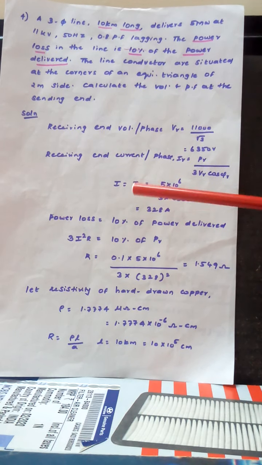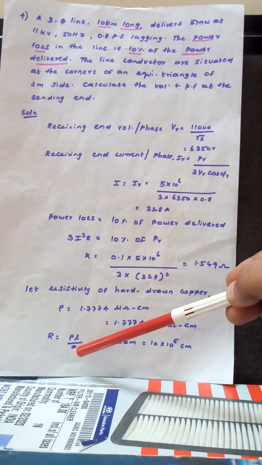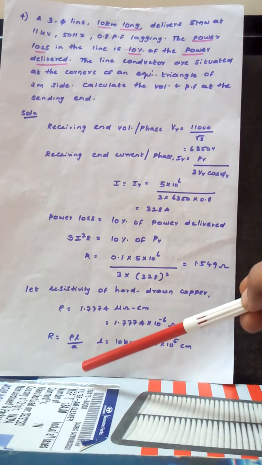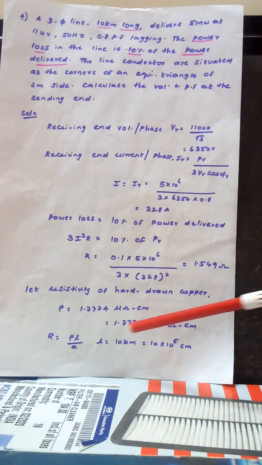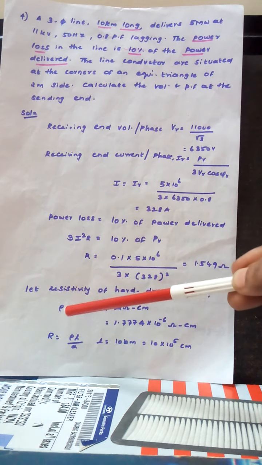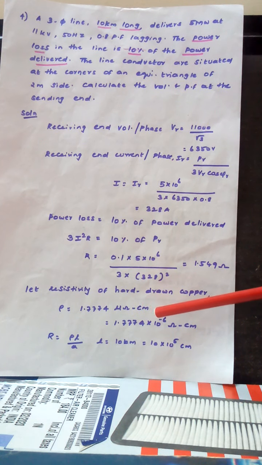Next we have to find the area A. For that we can use the formula R equals rho L by A. Here we are considering the resistivity of copper, which is 1.774 micro ohm per centimeter.